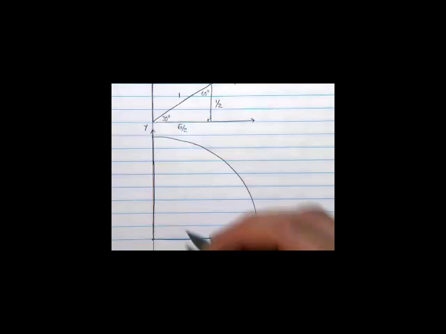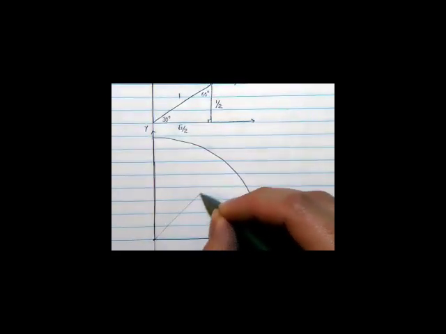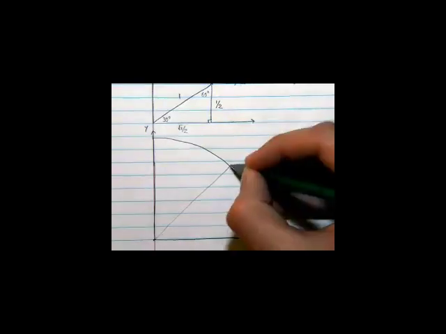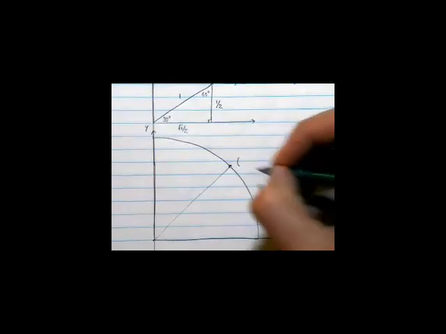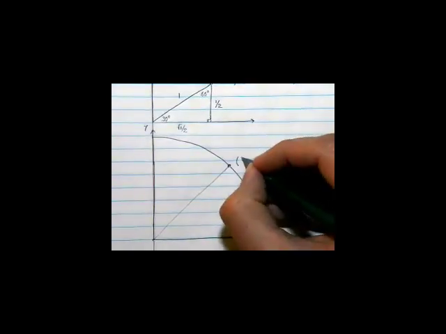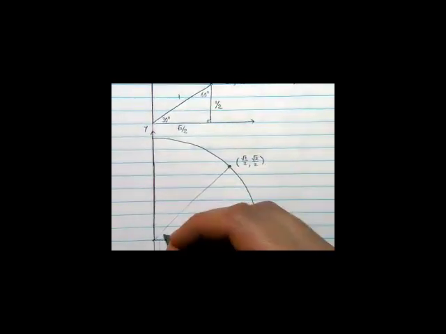So on that circle, we said if we went at a 45-degree angle, so kind of like this, we would hit a point, and the coordinates of that point would be square root 2 over 2, square root 2 over 2. That's the 45.